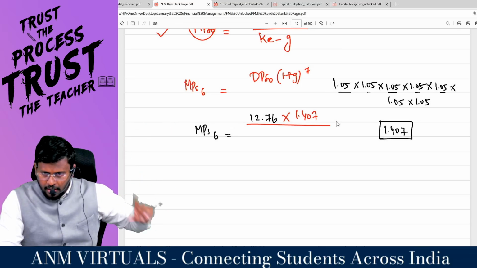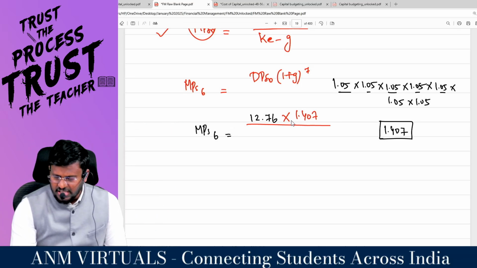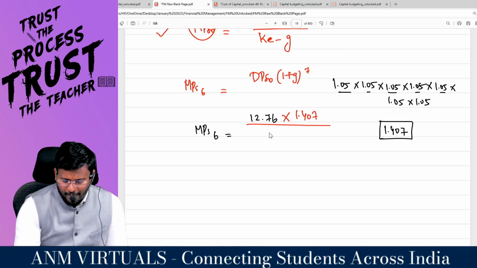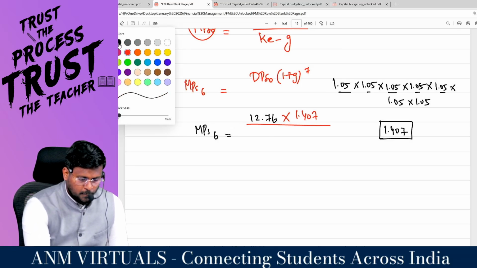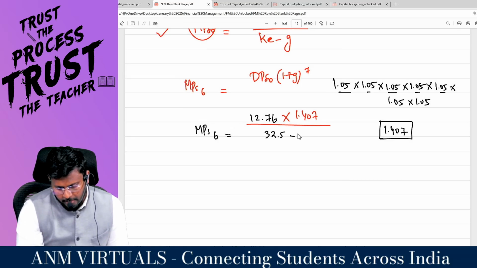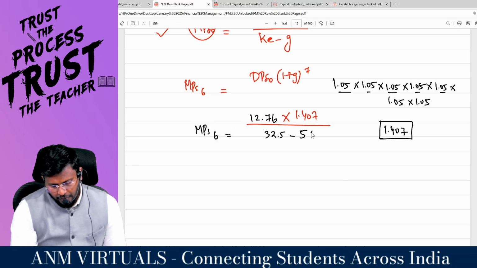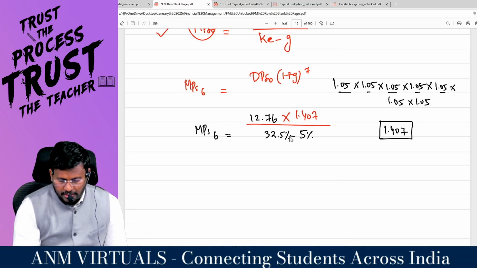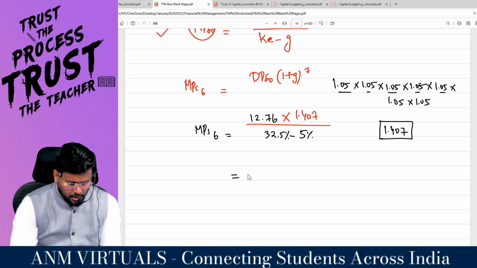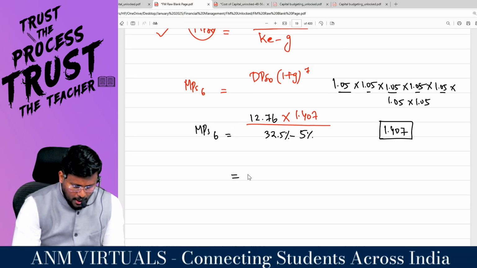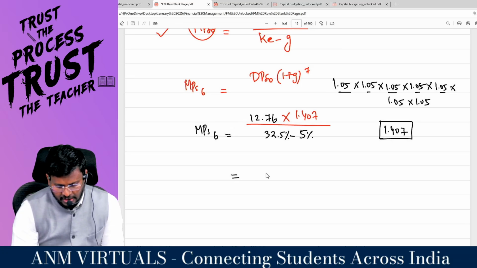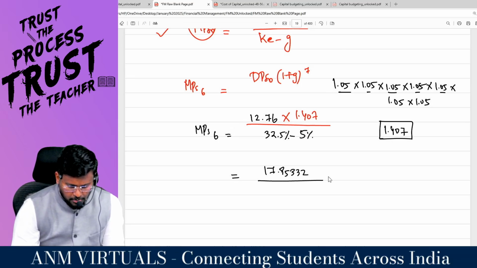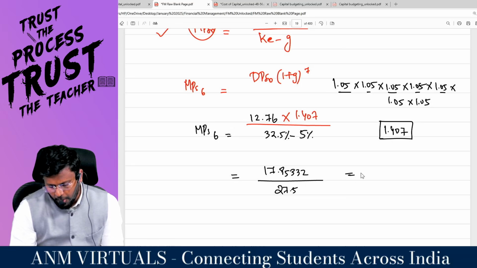That means 12.76 into 1.407 divided by KE, which you found as 32.5, minus the growth rate of 5%. Fantastic. Take your calculator. 12.76 into 1.407 comes to 17.95332, divided by 32.5 minus 5, which is 27.5.